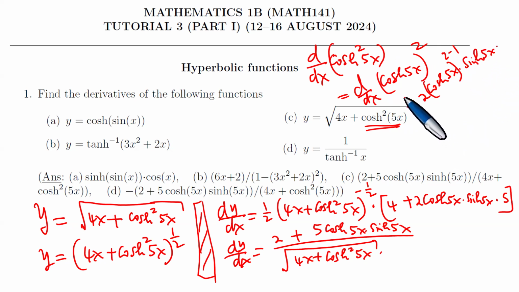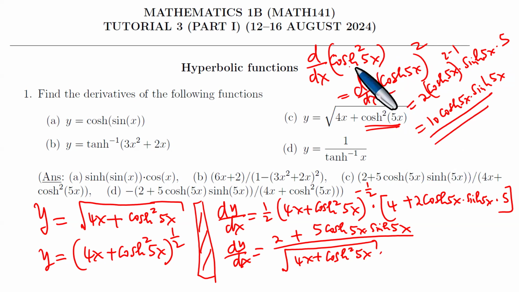Times the derivative now of the 5x, giving us 5. 5 by 2 is 10. The cosh of 5x, the hyperbolic sine of 5x. And this has given us the derivative of the cosh squared. By dint of that, we're able to see clearly the correspondence.